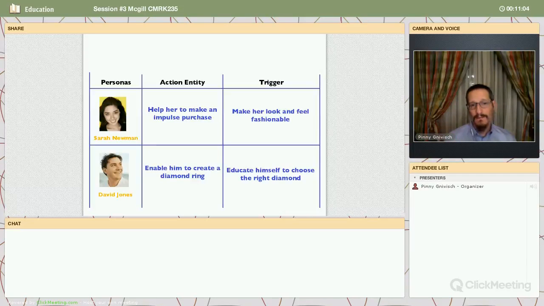For David, we want to enable him to make a ring because that's the first step. And we found that when people created a ring using this building tool, their propensity to buy was much higher. And then how are we going to get him to buy eventually? What's the trigger? To educate himself, because then he'll feel confident that when he's making that decision, it's a good decision.